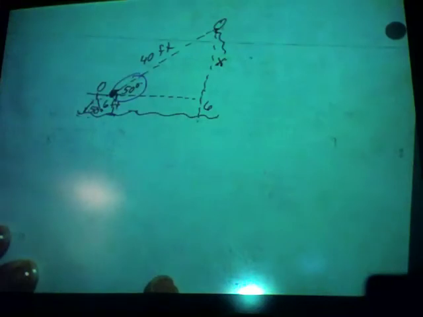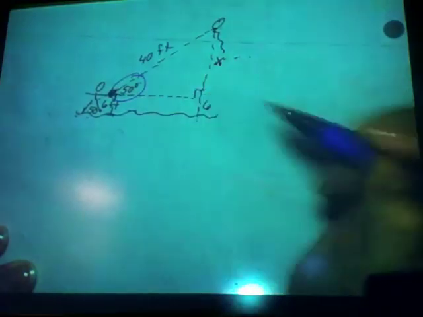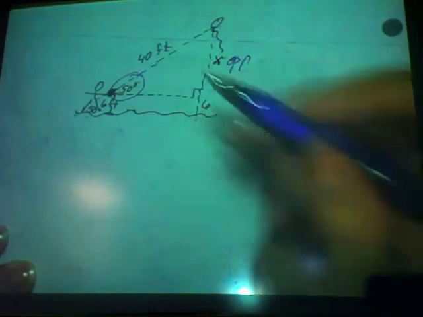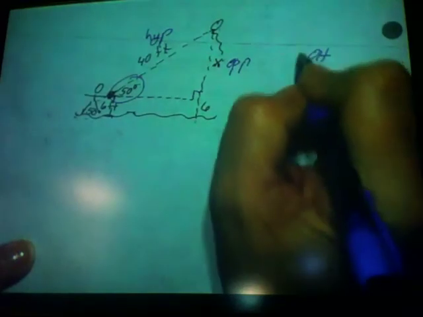So if this is my angle of reference, what is this? Here's my right angle. Opposite. What's this? Hypotenuse. So I have SOH, CAH, or TOA, so that implies we're using sine.